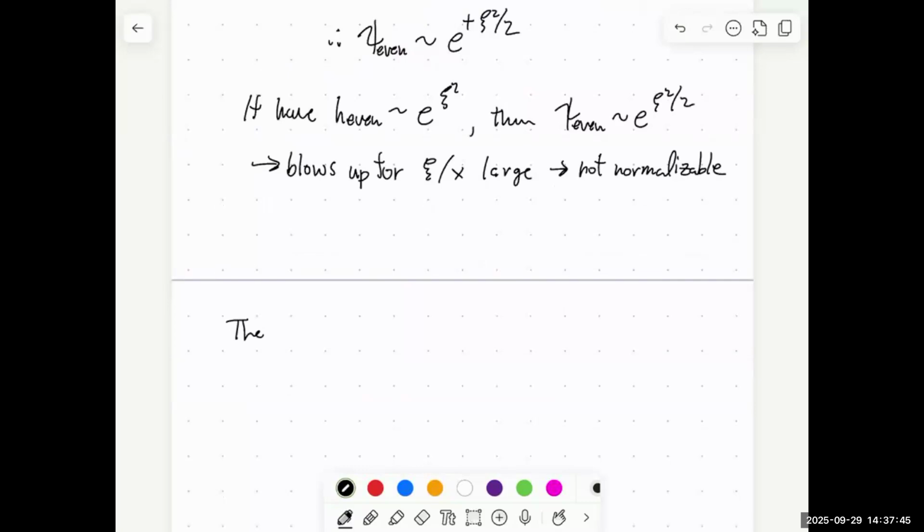So the resolution is that the power series for H even must terminate.